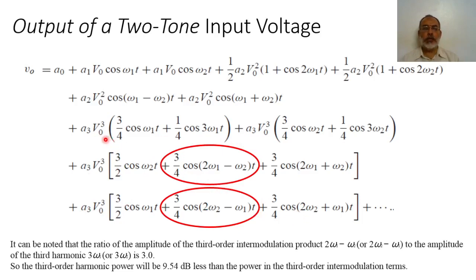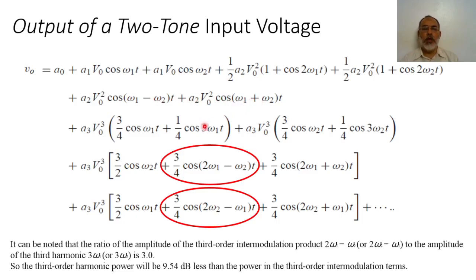We can note that the square term consists of a DC component, a component that has a frequency 2ω1, and a component that has a frequency 2ω2. Another component has a frequency ω1 − ω2, and the final component consists of frequency ω1 + ω2.